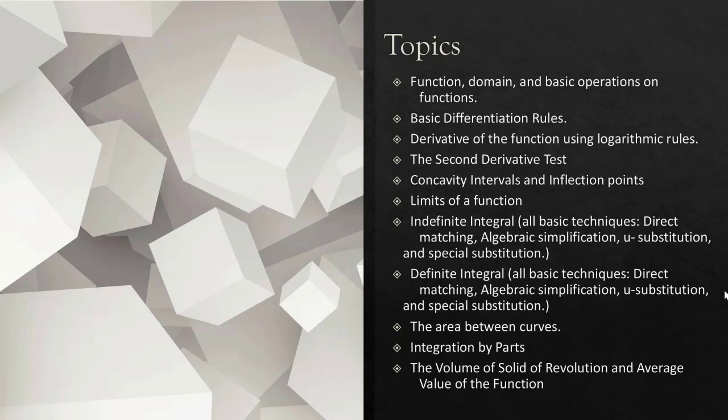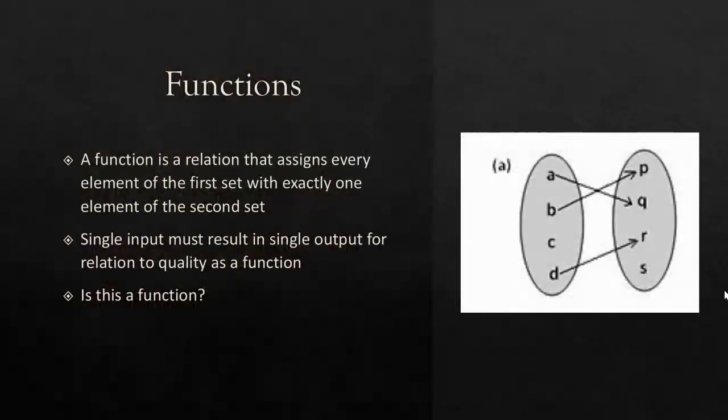Okay, I'm going to move on now. So our very first topic is functions. A function is any relation that assigns every element of the first set with exactly one element of the second set. So every single input must have an output for it to qualify as a function. So looking at the picture here on the right, does this qualify as a function?